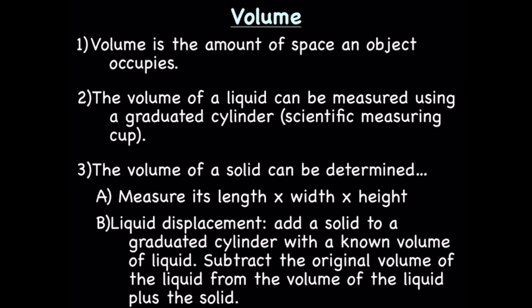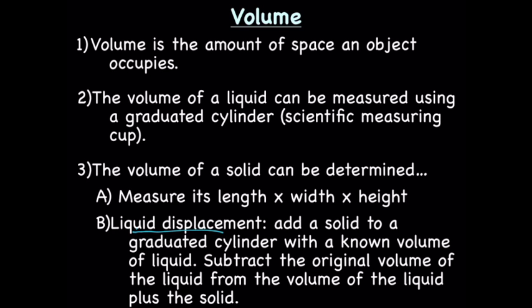And you can also measure the volume of a solid by something called liquid displacement. So what you do is you take a solid and you add it to a graduated cylinder that already has a known volume of a liquid. And when you add that solid, you're going to obviously end up with more liquid, right? The height of the liquid will rise.